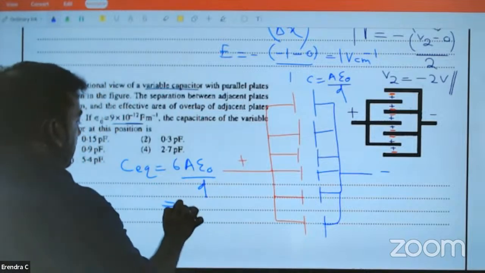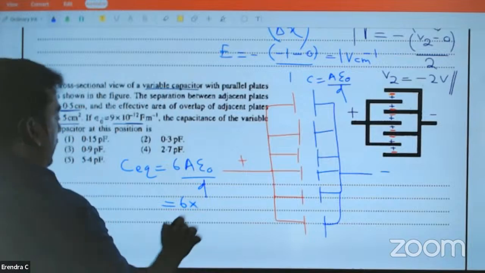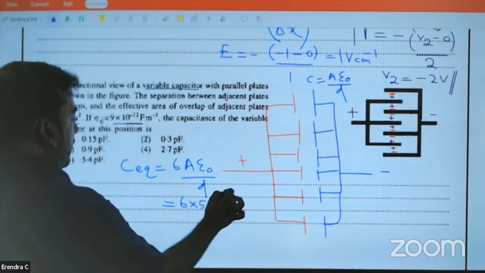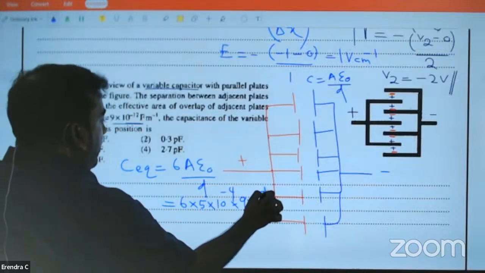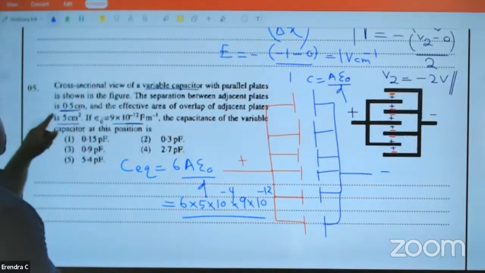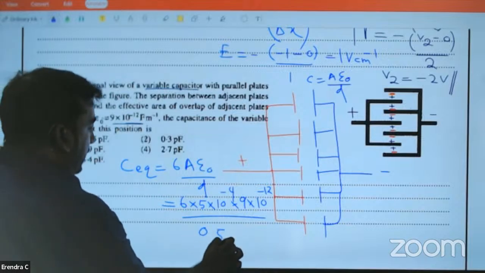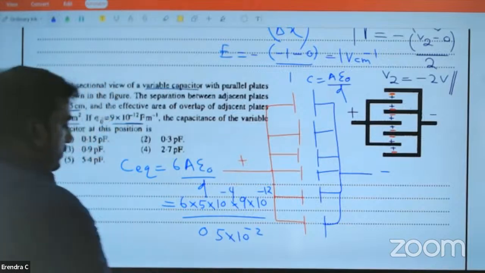So here 6A, 5 centimeter squared converted to meter squared, epsilon naught 9 times 10 to the power minus 12, divided by the distance. Distance is 0.5 centimeter, so minus 2.